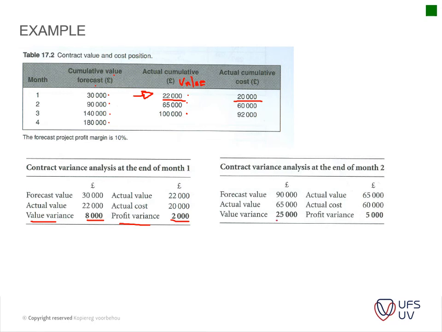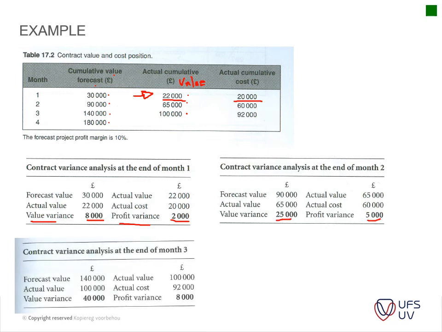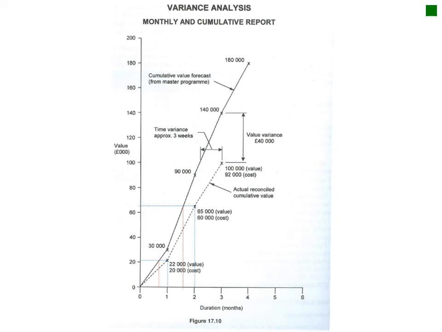You do the same for month 2, for month 3, and very simply you go onto your little grid, that I'll usually supply, or you can draw your own, and then you plot your cumulative value on here.